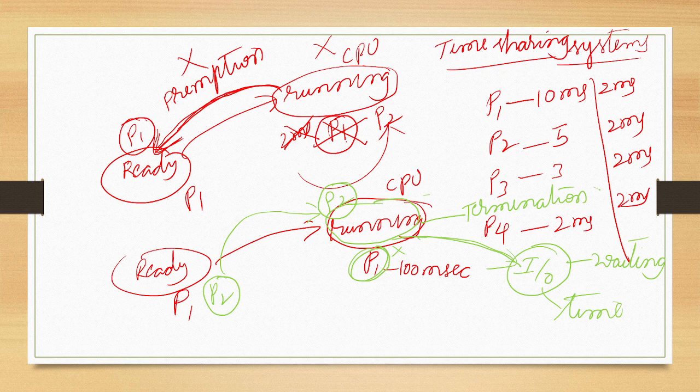Only in these two cases can we allocate the CPU to another process. Otherwise, we cannot remove the CPU and we cannot give the CPU to another process. This is called non-preemptive.